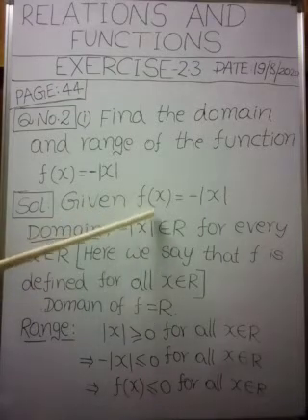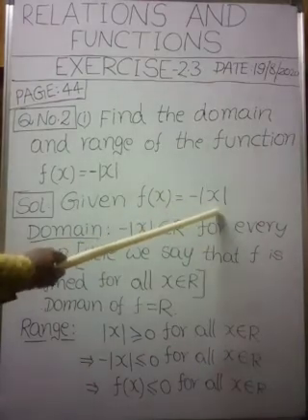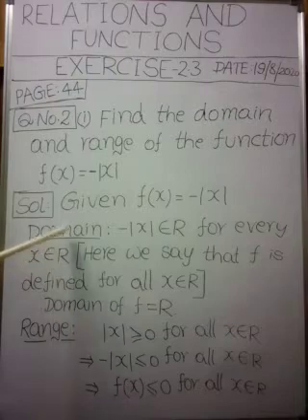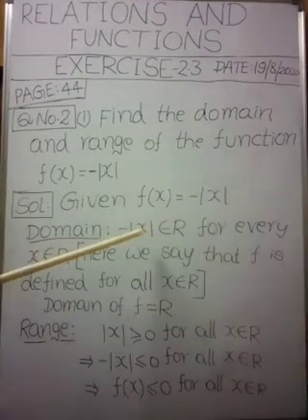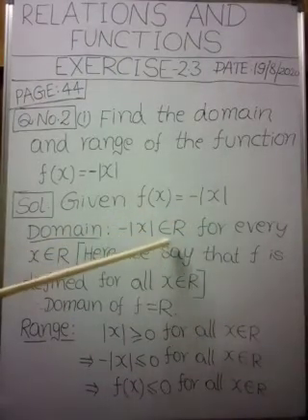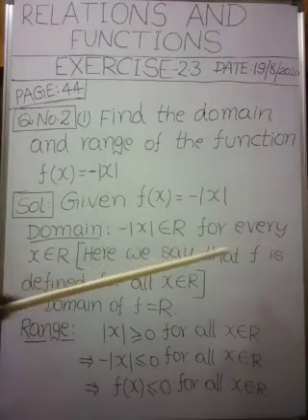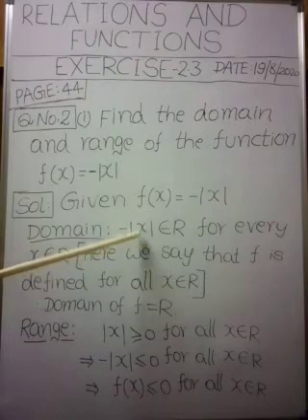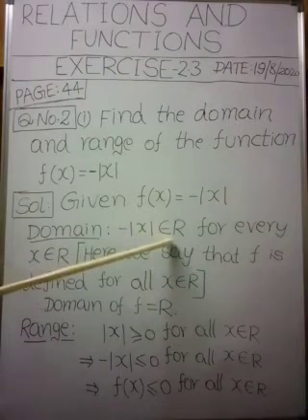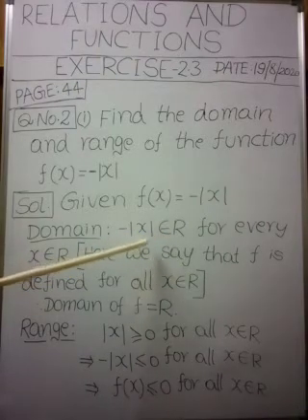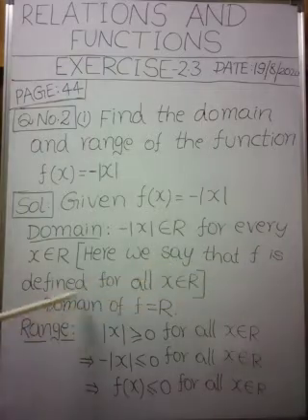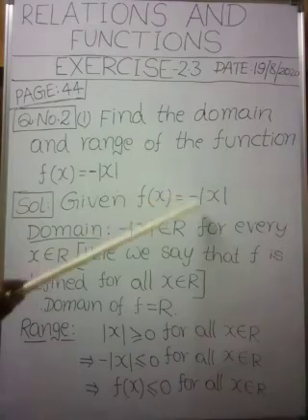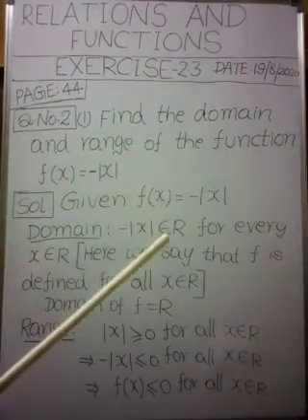Right. So given f of x is equal to minus mod x. Now we are going to find the domain. See here, minus mod x belongs to R for every x belongs to R. If you take any real number, then minus mod x is also a real number. So we can say that f is defined for all x belongs to R. This function value must be a real number.